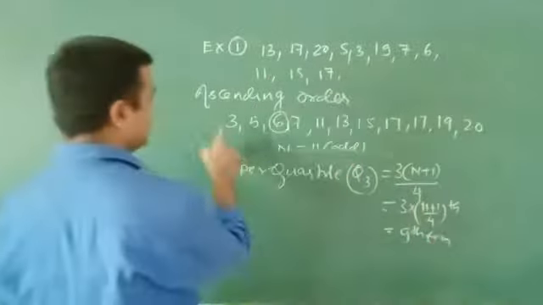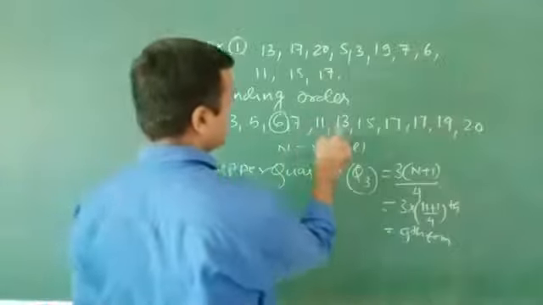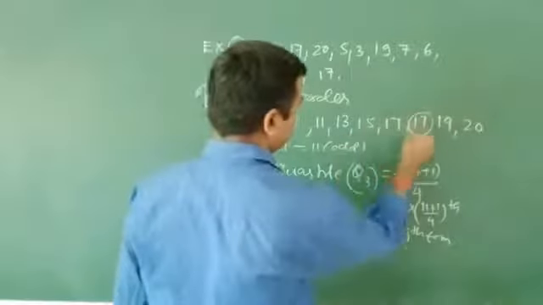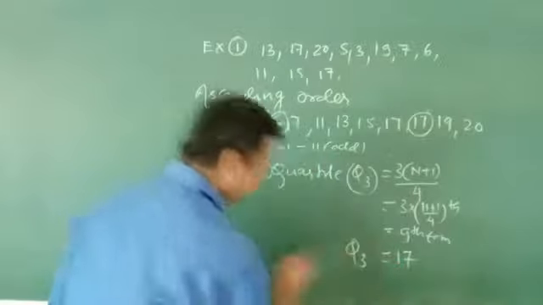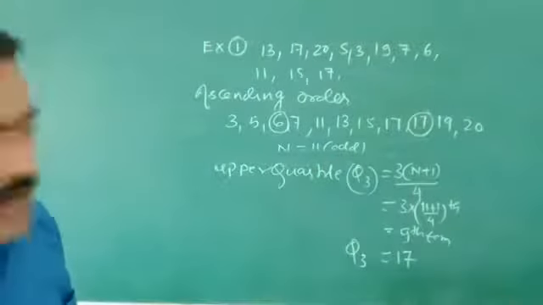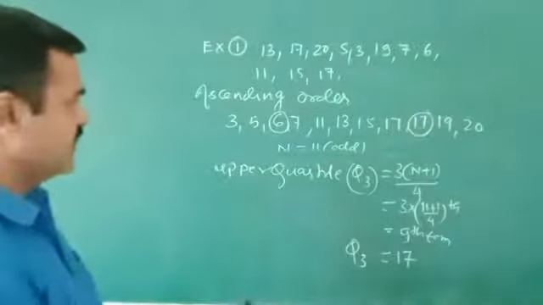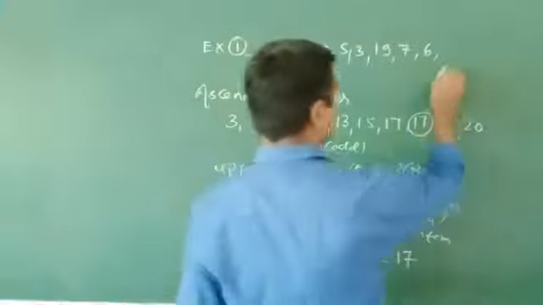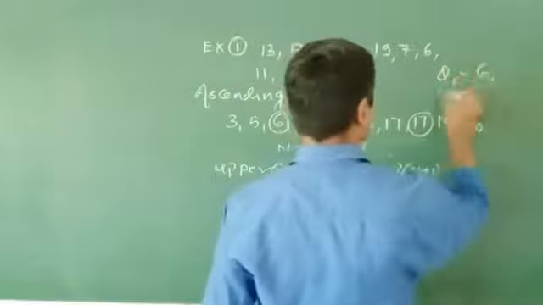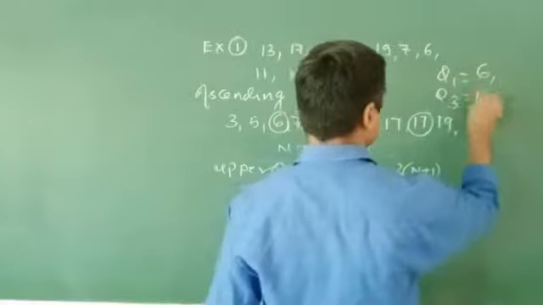Count 9 term. 1, 2, 3, 4, 5, 6, 7, 8, 9. This is 17. This is Q3. Q1 equal 6 and Q3 is 17.